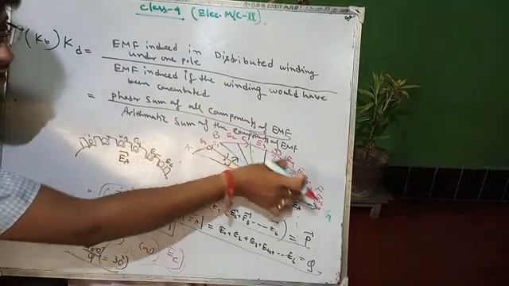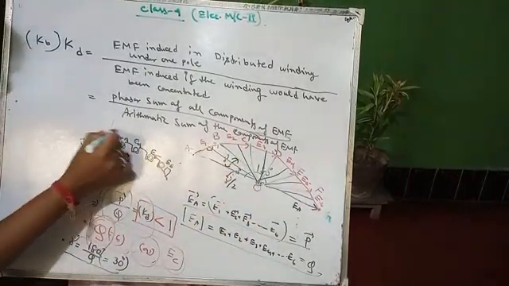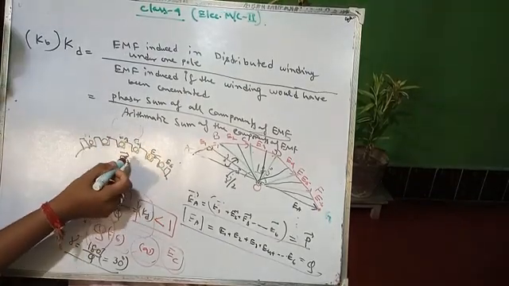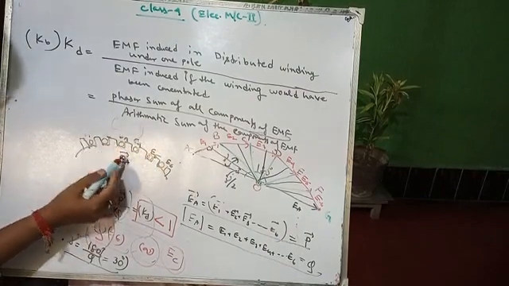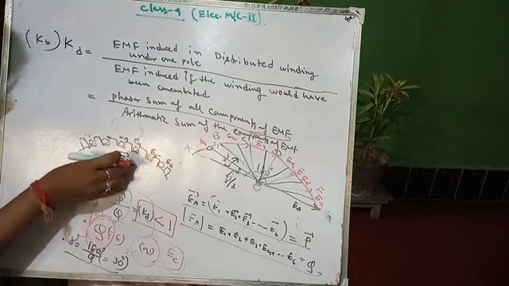They are equal because under a certain pole the slots forming a phase carry the same current, so they produce an equal amount of EMF.